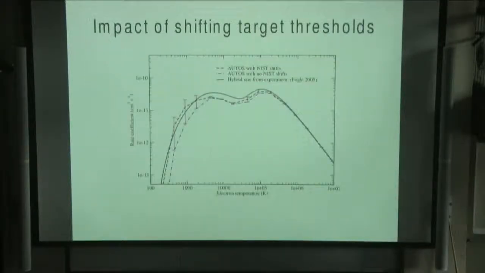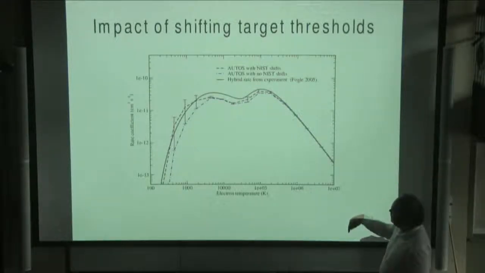Okay, so if we go back to our helium-like case, these are the sort of uncertainties or sensitivities we would expect from the difference between our theoretical models and Mike Fogel's experiment.